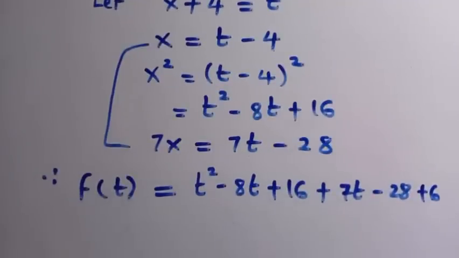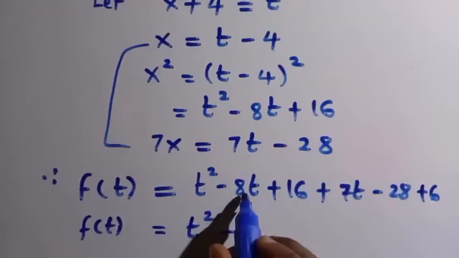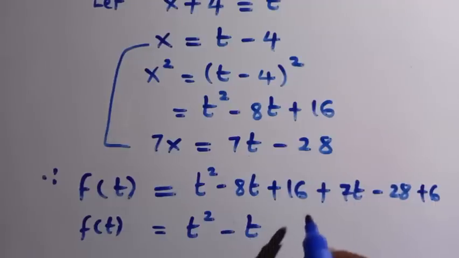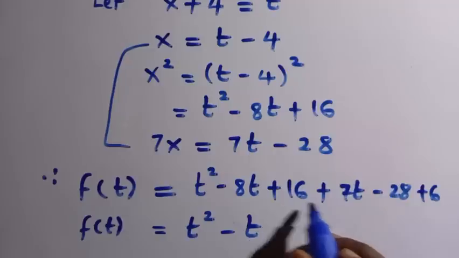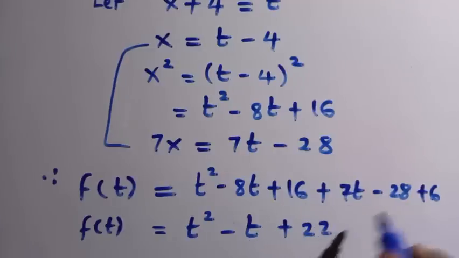Then let's arrange it properly, we have f of t equals t squared, minus 8t plus 7t, that gives us minus t. And here we have 16 and this is 6. So by adding 16 and 6 together, we have 22, and here is minus 28.